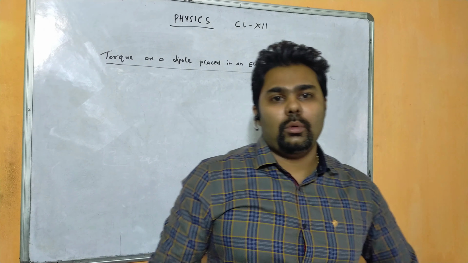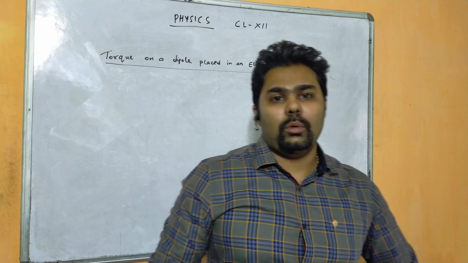So in place of BP, if we substitute this, what you will get is 2L sin theta, or this can also be written as 2LQE sin theta, and 2LQ we know is nothing but the electric dipole moment, that is PE sin theta.